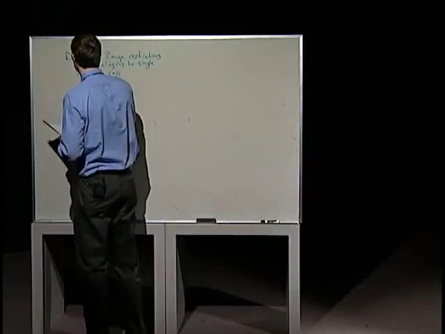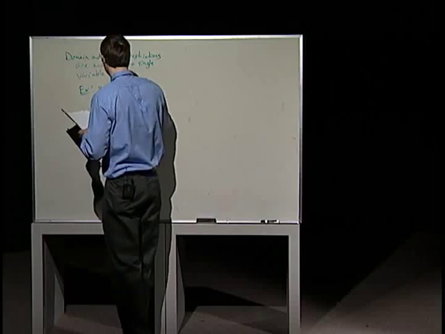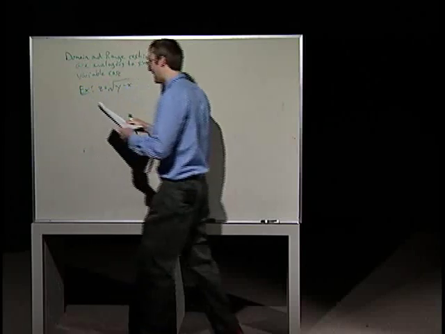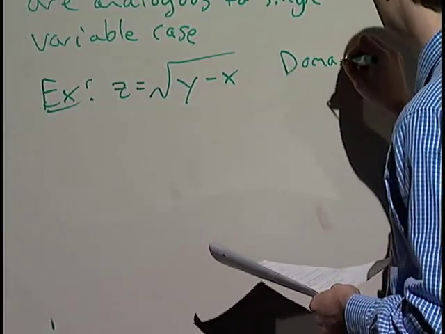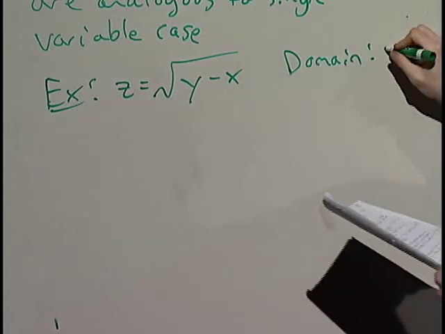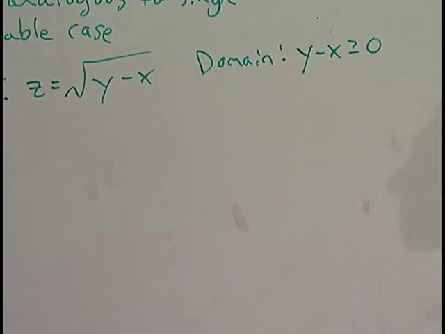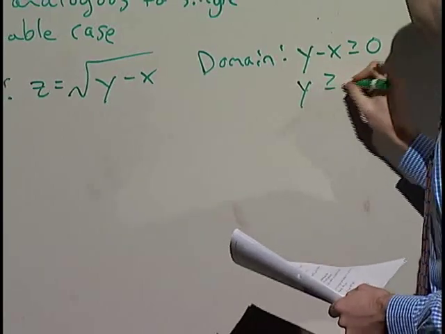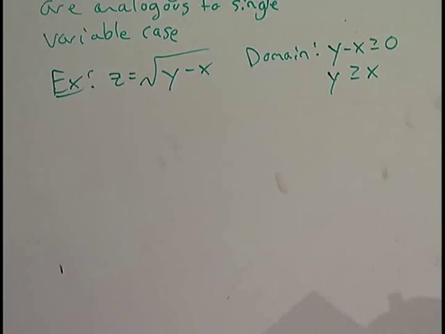So, for example, say we had z equals the square root of y minus x. Well, the domain here: we can't have a negative inside the square root sign, so the stuff inside must be non-negative. So y minus x must be greater than or equal to 0. That means that y must be greater than or equal to x. And so what is this?